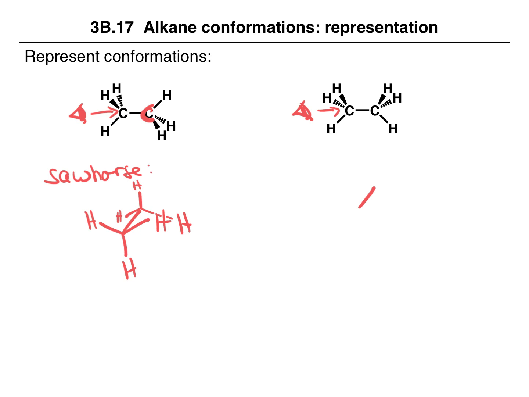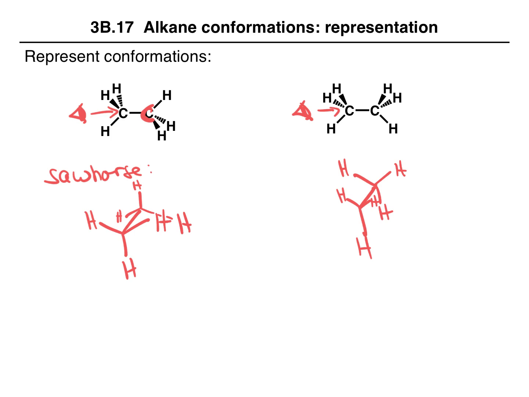Our front carbon has a hydrogen down. Our back carbon has a hydrogen straight down, and then hydrogens up and to the right, up and to the left. Using the sawhorse formula isn't very convenient, and so whenever you do see a sawhorse formula, you know that it is meant to represent the specific conformation.